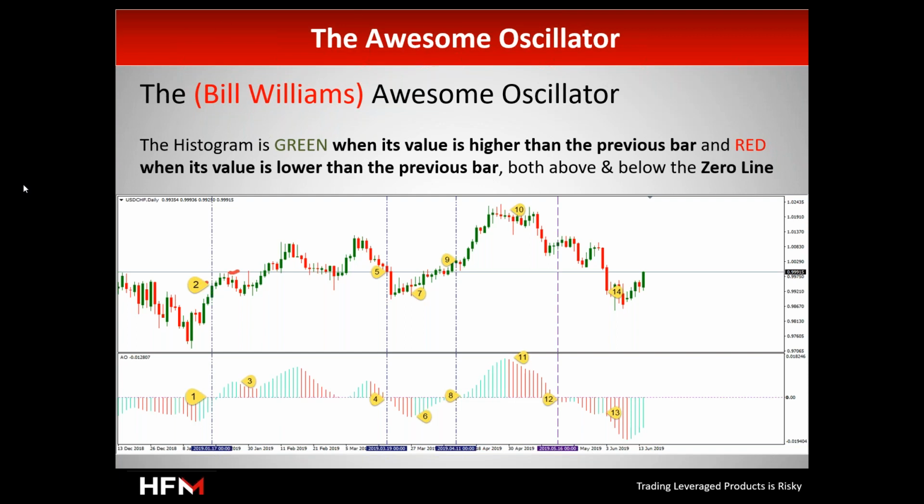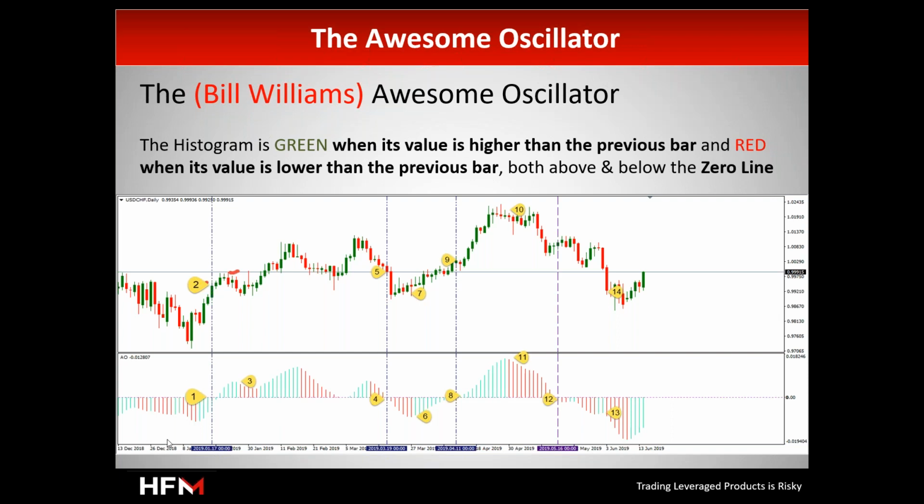First of all, let's clarify what it means when we have green bars and what it means if we have red bars. Take it step by step. Let's start with the green.